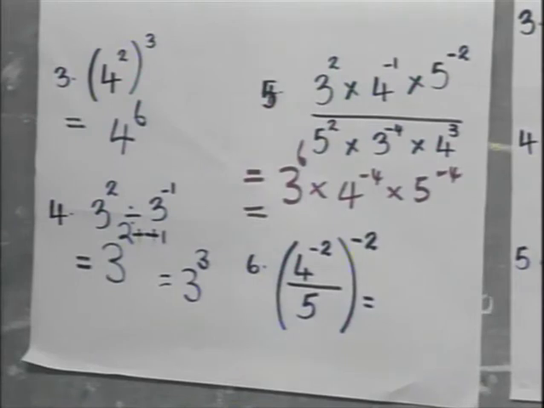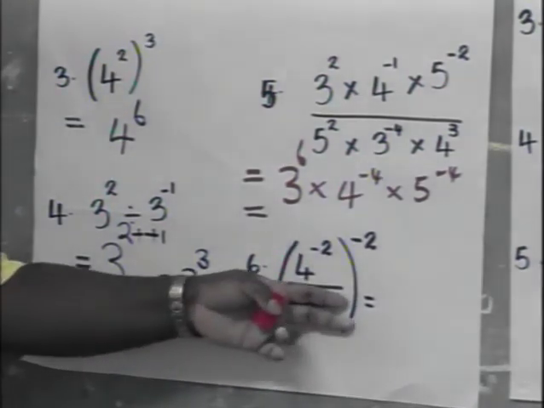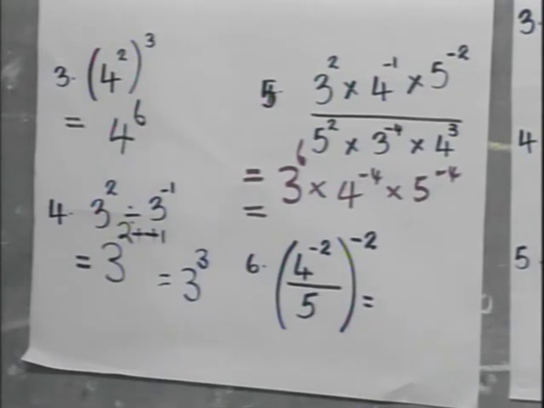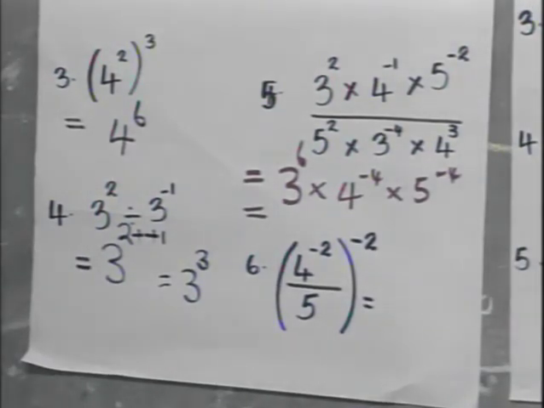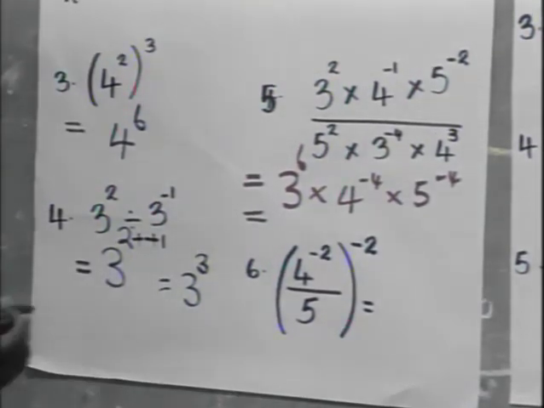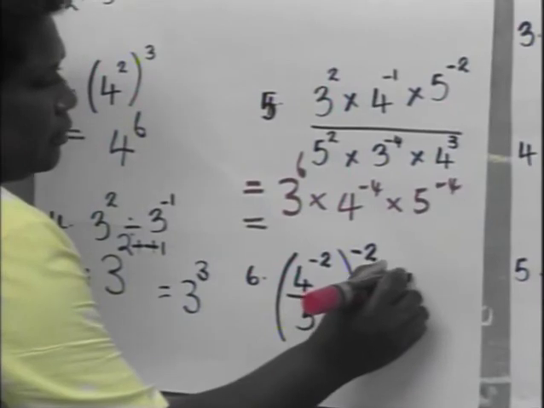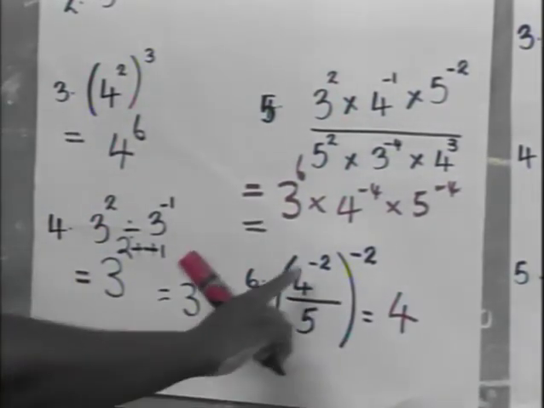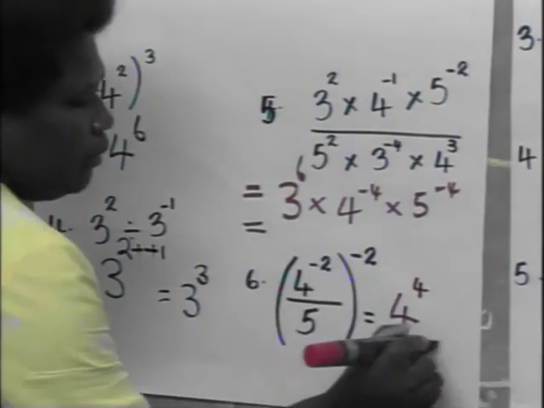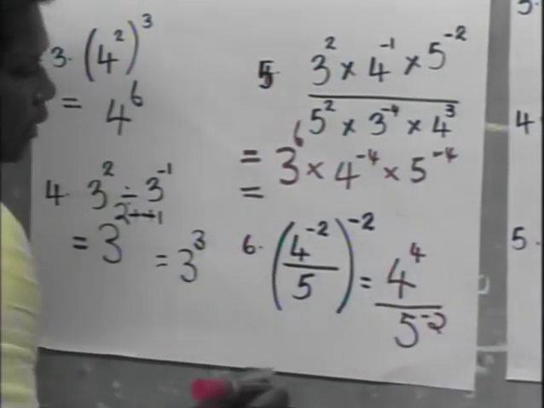Example number 6. Just give us the answer, the first step of this question: 4 to the power of negative 2 over 5 raised to the power of negative 2. 4 to the power of 4, because minus 2 times minus 2 is positive 4, over 5 to the power of negative 2.